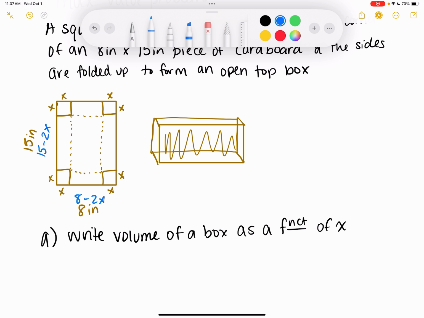Length times width times height. Yep, so just area with height multiplied into it. So my length is 15 minus 2x. My width is 8 minus 2x. And my height is what? x.